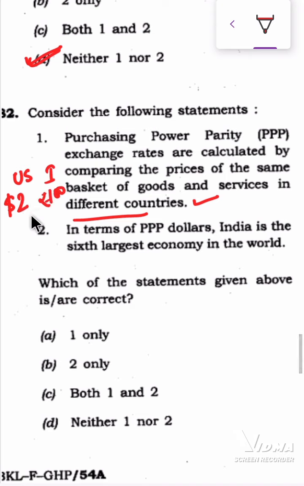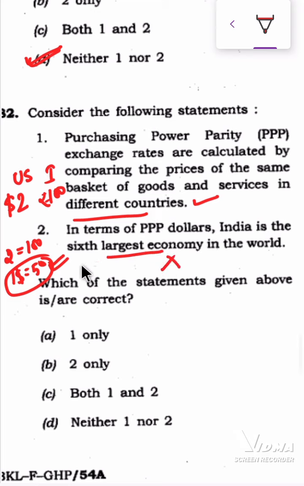So, according to purchasing power parity, $2 is equal to 100 rupees. So effectively $1 is equal to 50 rupees. This is the purchasing power parity exchange rate. In terms of the PPP dollar, India is the 6th largest economy in the world. No, it's not right. Actually, India is the 3rd largest economy in the world according to PPP. So statement 2 is wrong, and statement 1 is the only right answer.